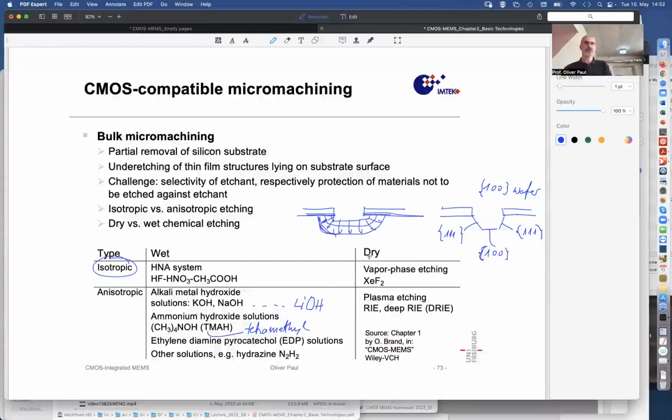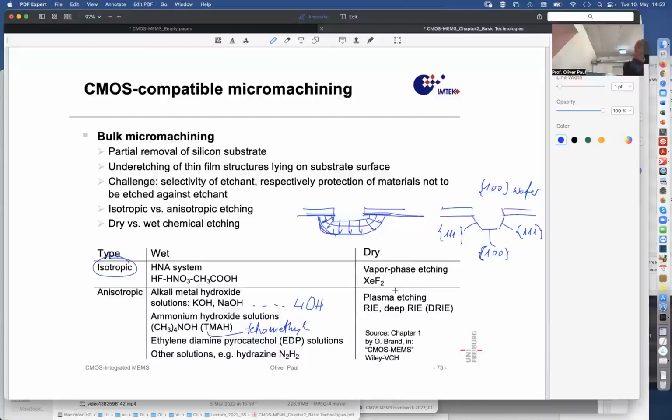You can also do dry etching of silicon. The most convenient one to do dry etching of silicon is xenon difluoride. We have a machine here also in the clean room. Fluorine etches silicon very efficiently, and it forms this highly unstable compound with xenon.